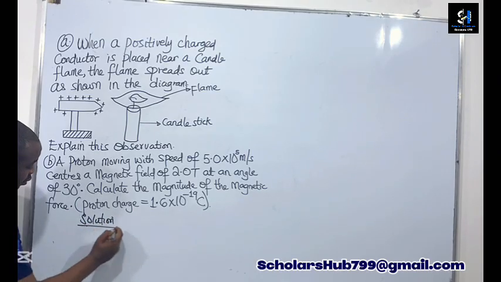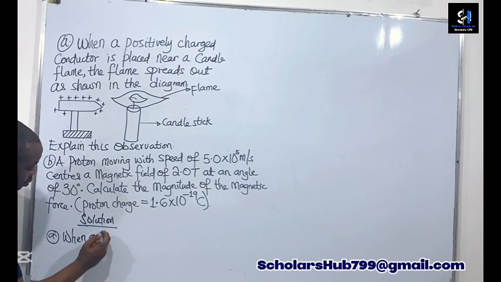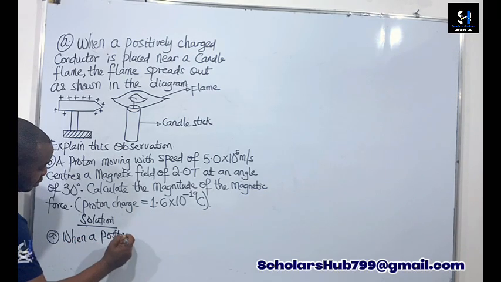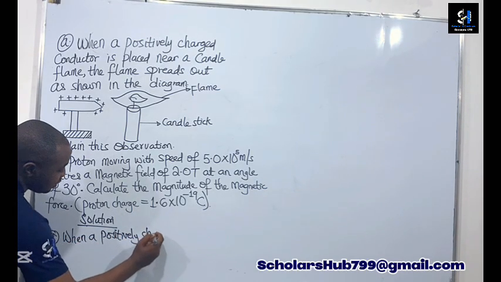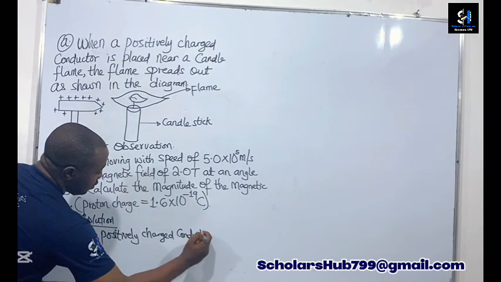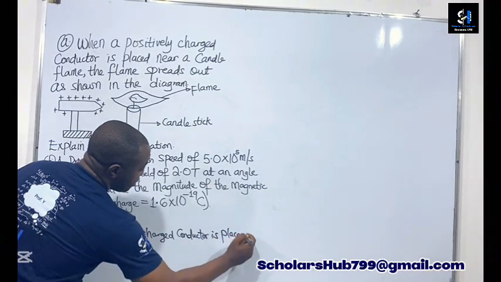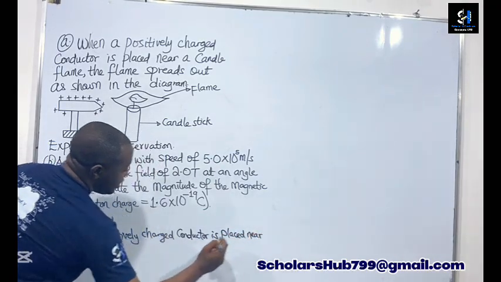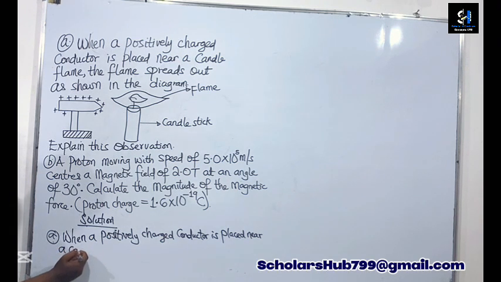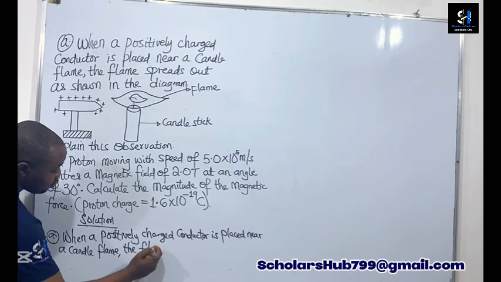Solution. So for A, when a positively charged conductor is placed near a candle flame, the flame spreads out.